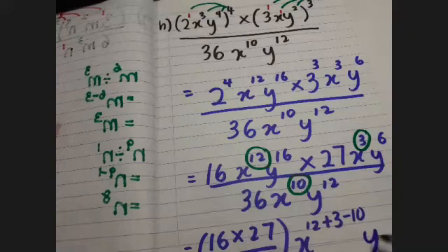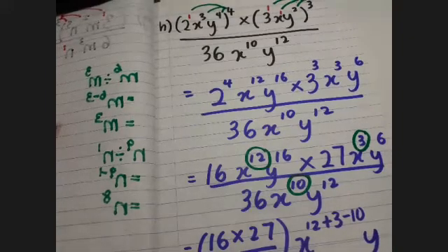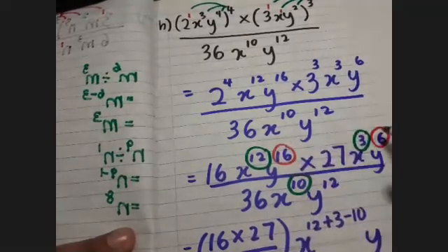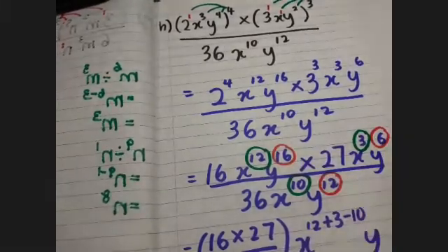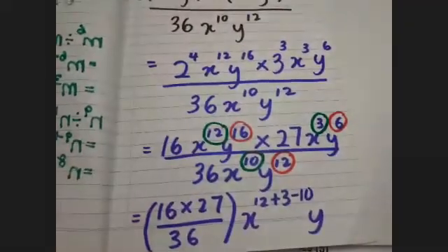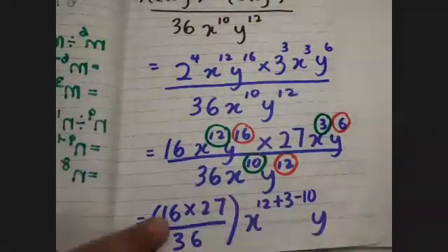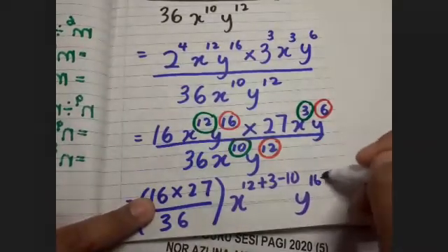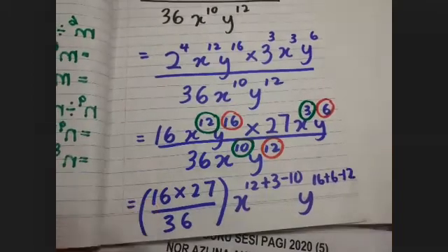So y power of, this is 16, 6 and 12. So this is equal 16 plus 6 minus 12.